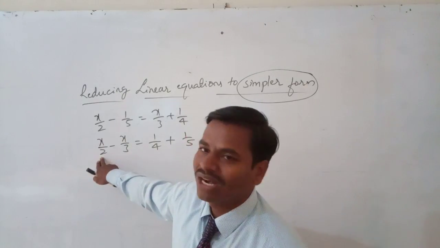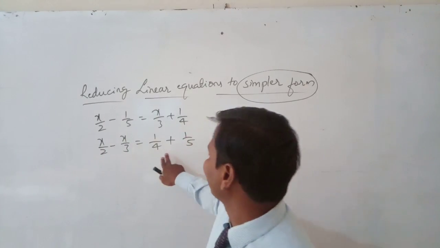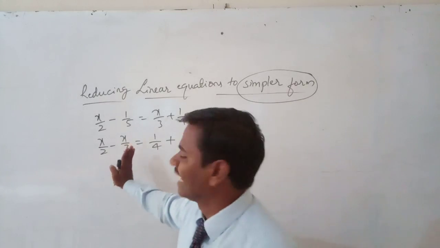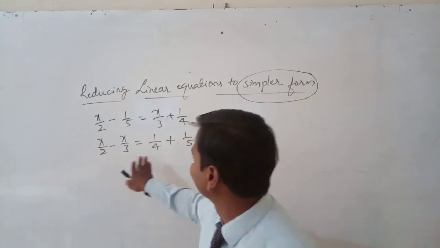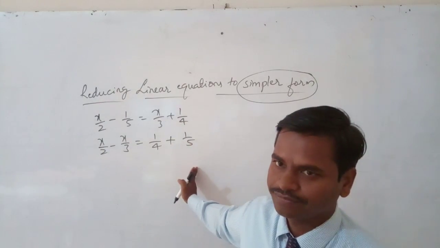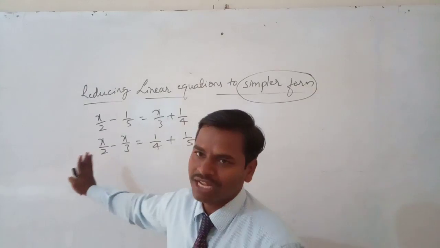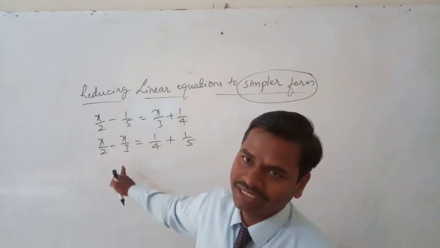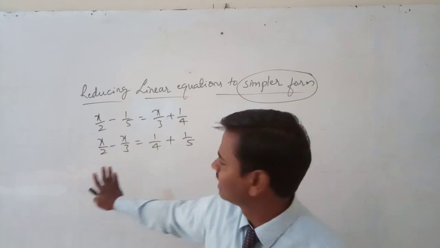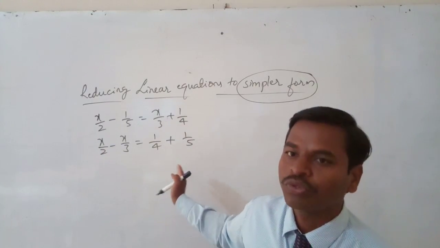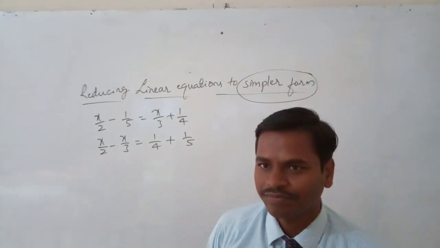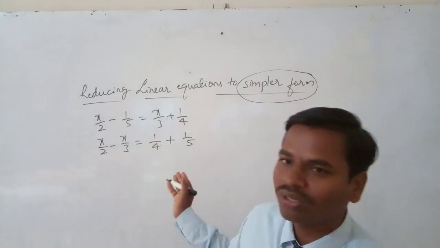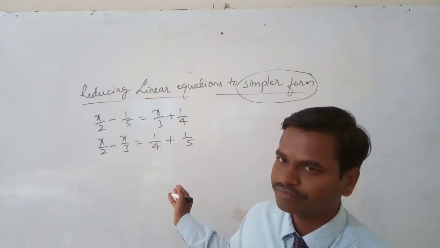And on the right side, two denominators are there, 4 and 5. This side is subtraction of fractions, x into 1 by 2 minus x into 1 by 3. This side is addition of fractions. You know how to add fractions and how to subtract fractions, and here we will do the addition and subtraction of fractions.